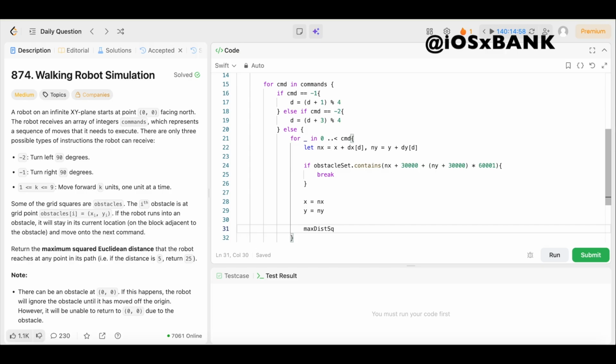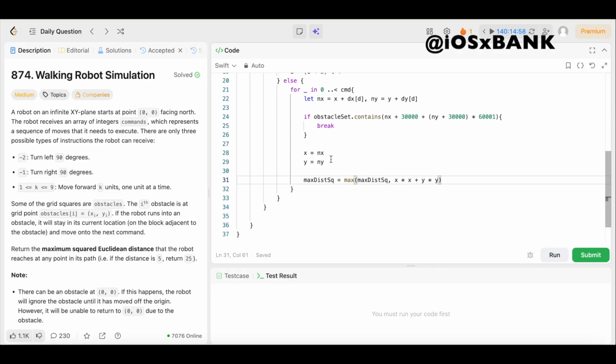SQ equals max, open up the parentheses, max dist SQ, comma, x times x plus y times y. Boom. Now we just need to return the maximum distance squared reached by coming right here, and we can say return max dist SQ.